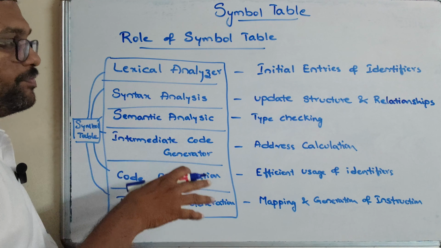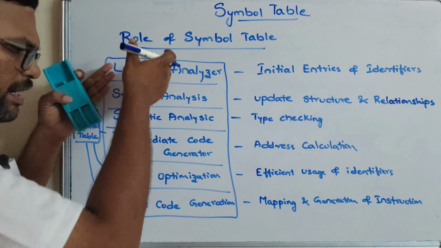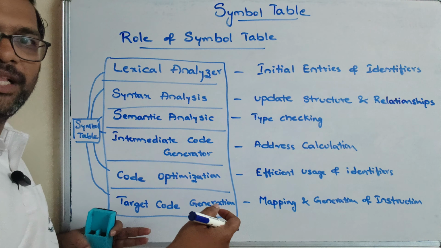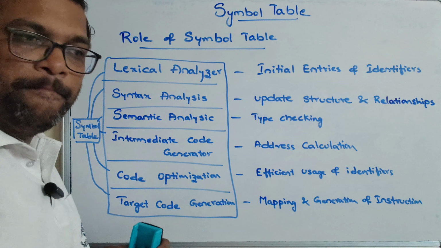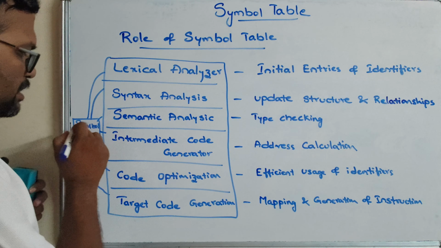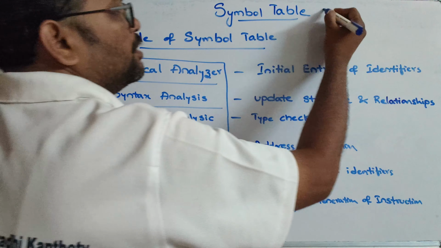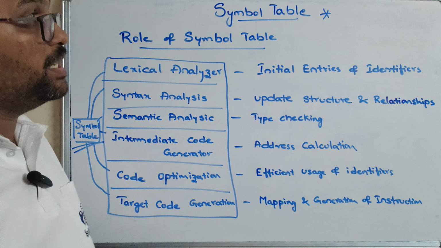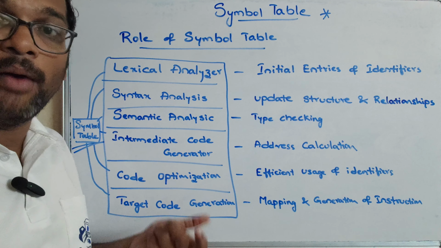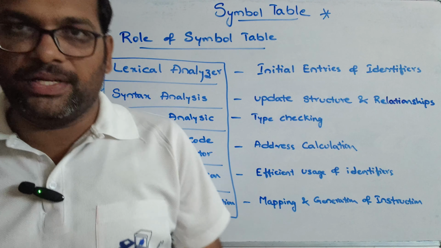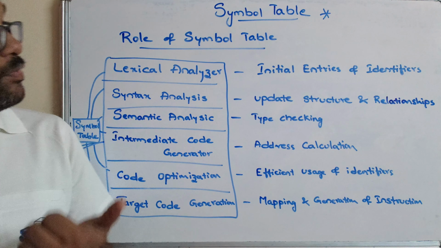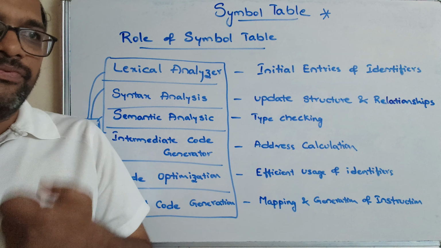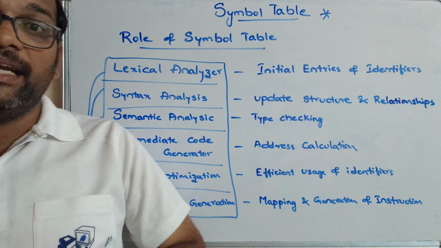If any error occurs in any one of these phases, automatically an error will be raised by the compiler, which we call a syntax error. This is most important in compiler design. So the symbol table is a common input for every phase of a compiler. Finally, we can say the symbol table stores and updates the information regarding the identifiers.